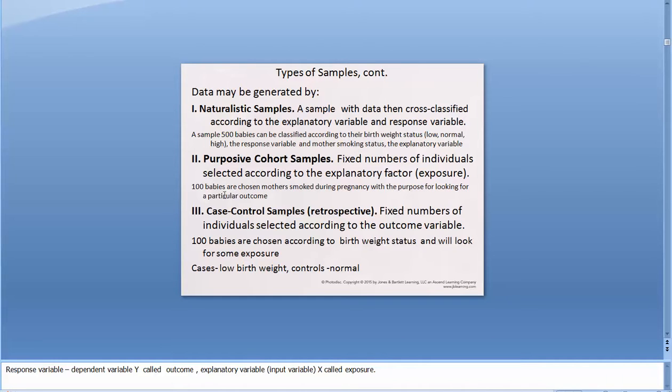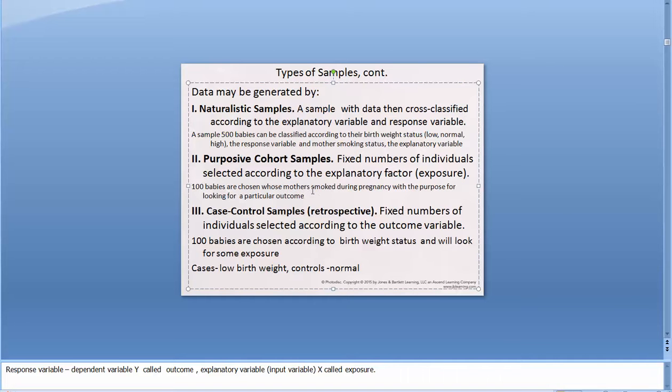Like an example, 100 babies are chosen whose mothers have smoked during pregnancy. So in here, this is a cohort of babies. Now, what is the special explanatory factor in here? Mothers have smoked.